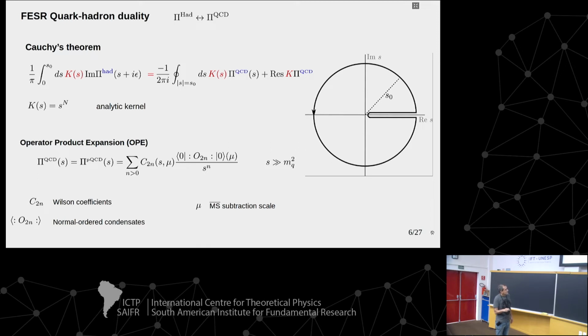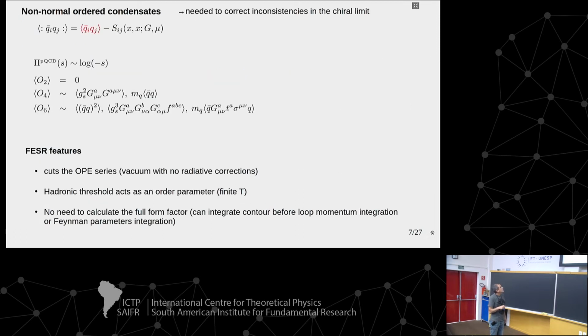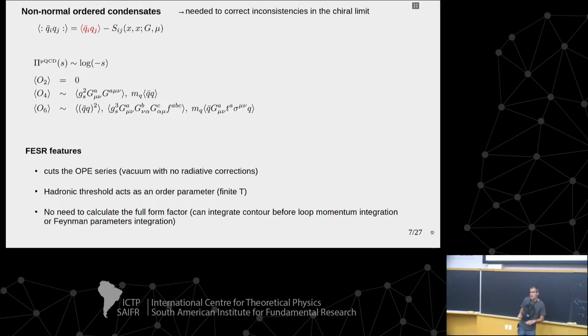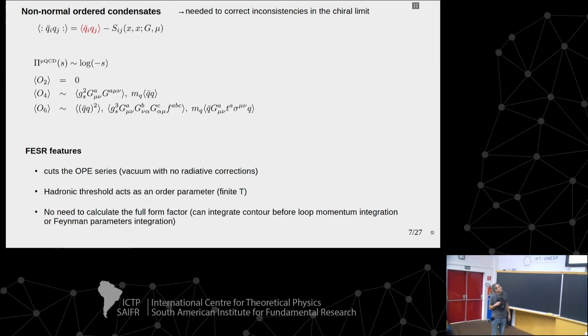So in this case, I'm showing the case where we're considering energies higher than the current quark mass. These are normal ordered condensates. So mu is the MS-bar subtraction scale. Everything here is well defined, except that there's a problem when you try to get the chiral limit when you have two flavors.